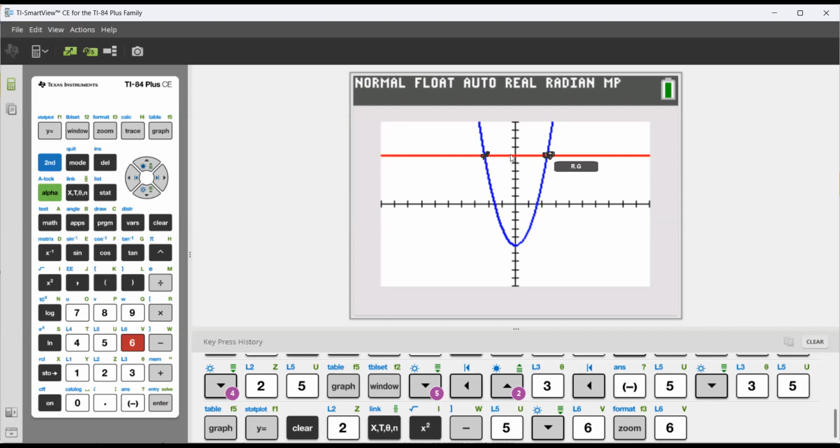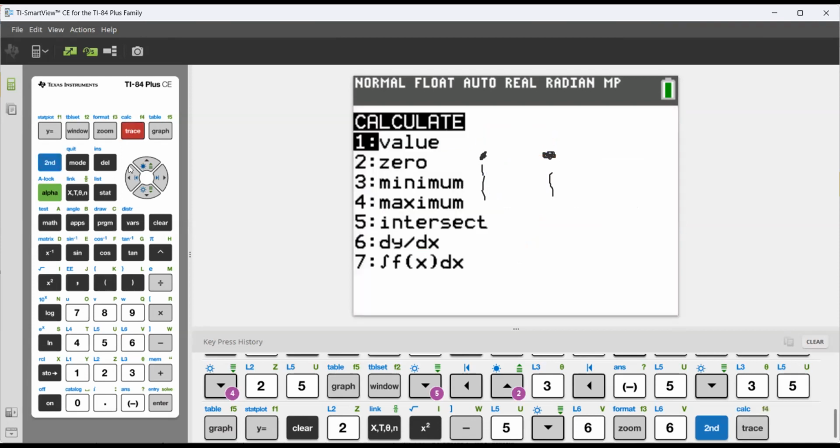Because we're trying to solve the equation, y2 is not equal to 0. If y2 is equal to 0, then it's going to be the x-axis. But y2 is equal to 6. You might connect it this way and see, but it's not going to be exact. So let's try to find it. So second calc, 5.